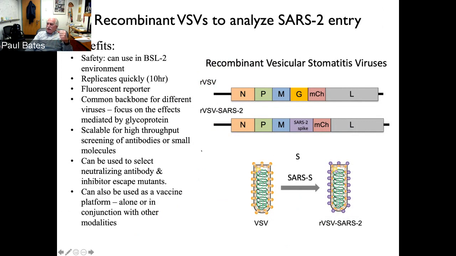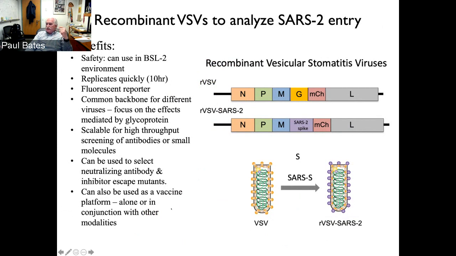So it happens very rapidly. The good thing is unlike coronaviruses themselves, the RNA-dependent RNA polymerase of these viruses does not have a proofreading activity, and so it's much more error-prone, and so you can generate mutants much more rapidly.